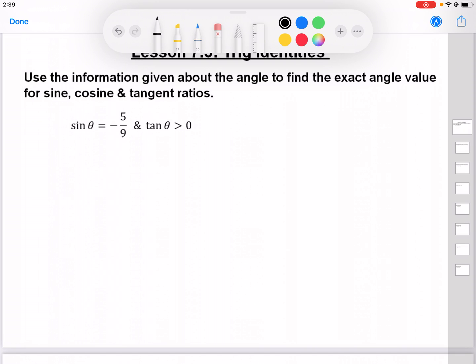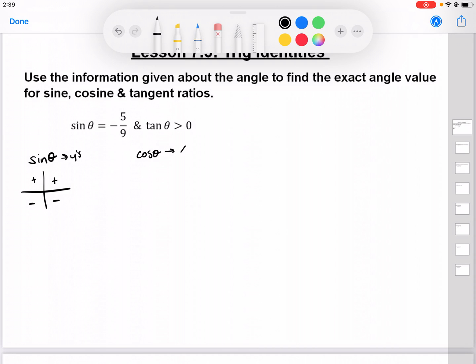In order to do that, we're going to have to go back to basic SOHCAHTOA math, right triangle math, and draw a right triangle. We're dealing with sine, and the general idea with sine is our y values. Y's are negative in the third and fourth quadrant, but positive in the first and second quadrant.